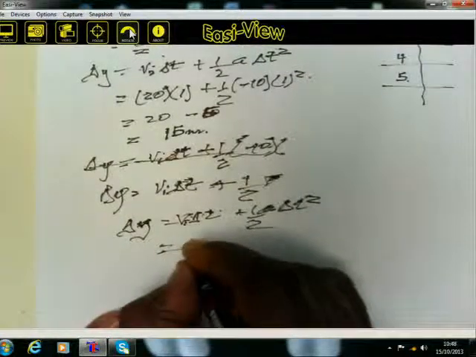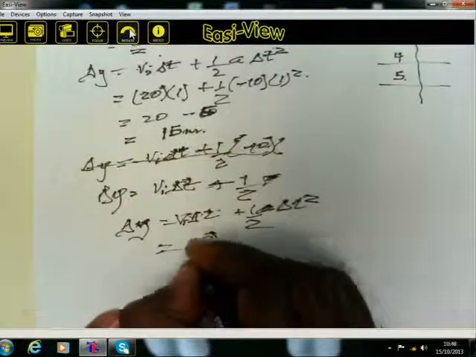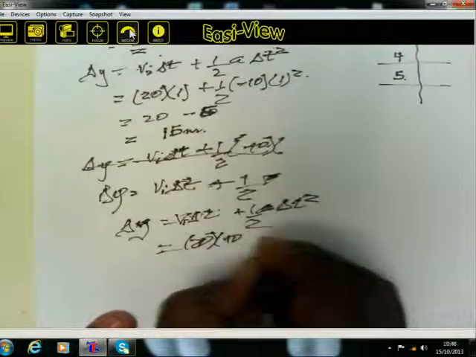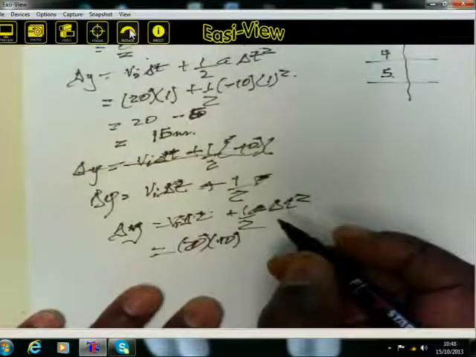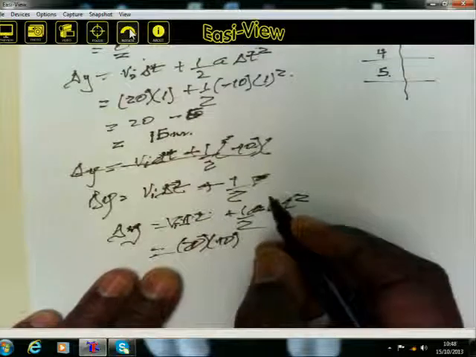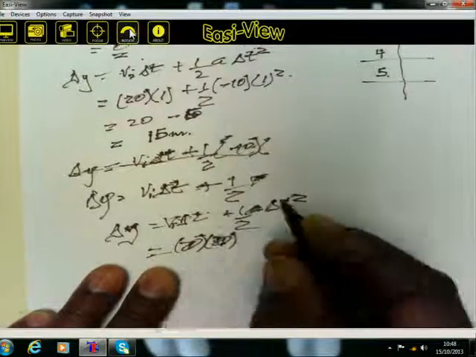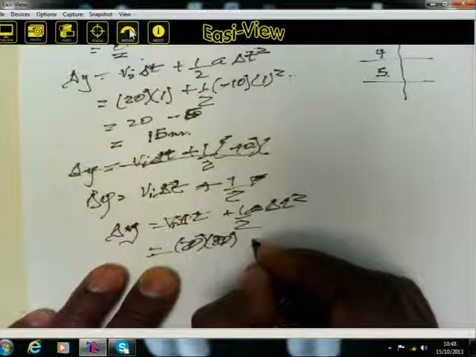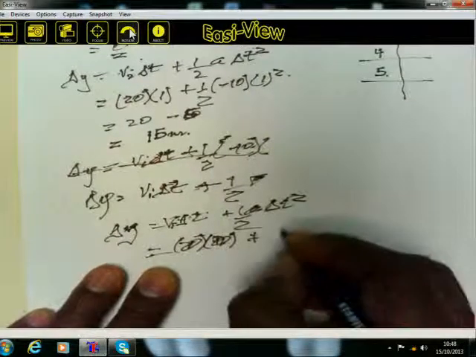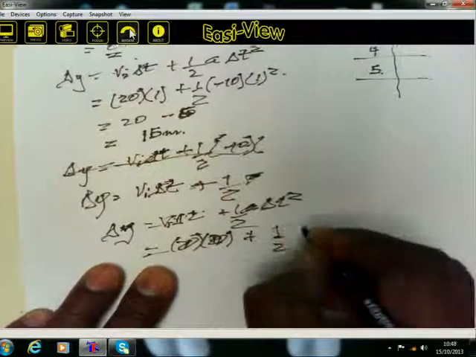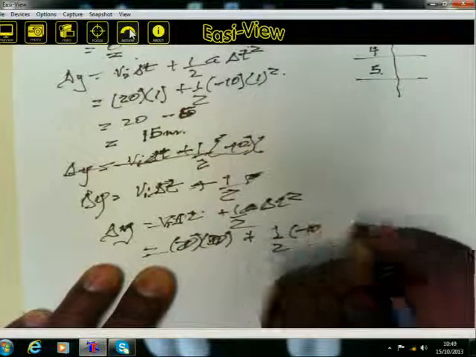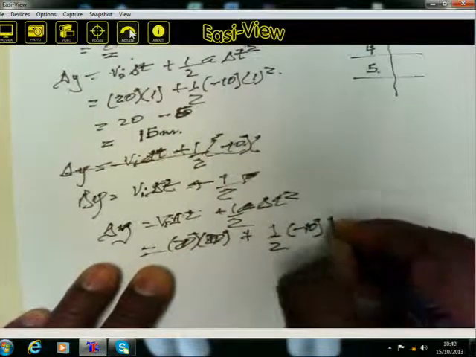times, no, the time is 2, plus half of acceleration, which is -10, times 2 squared.